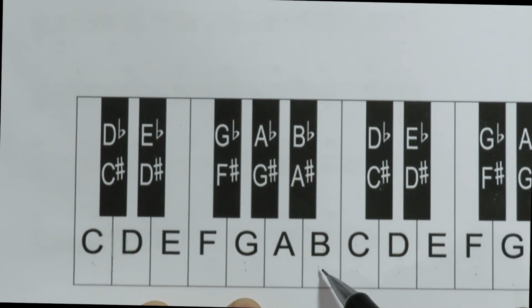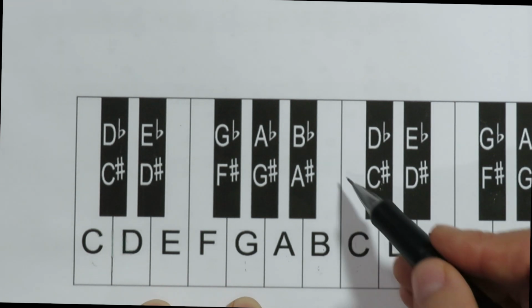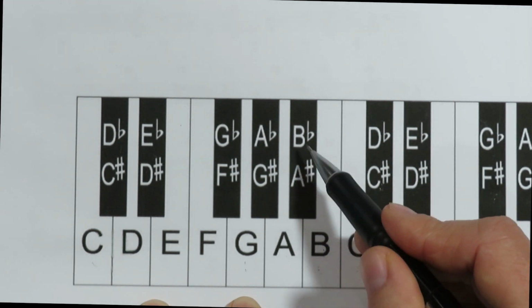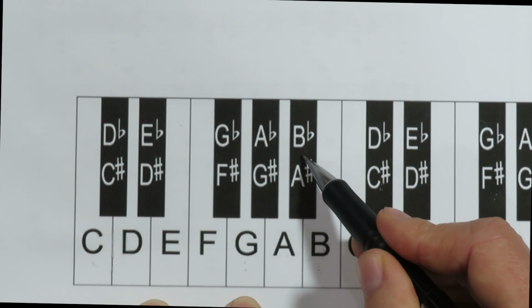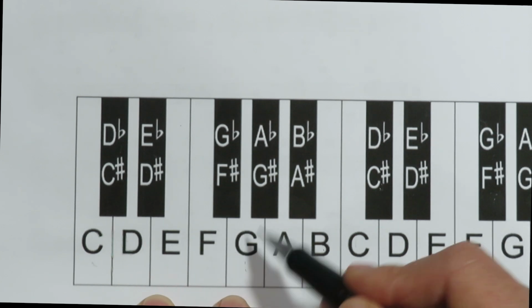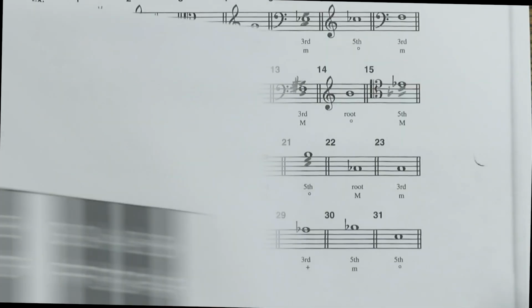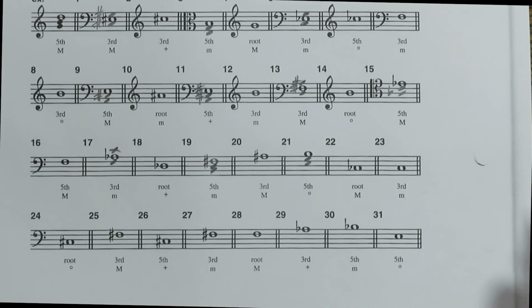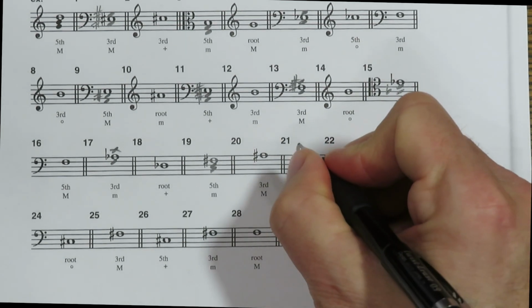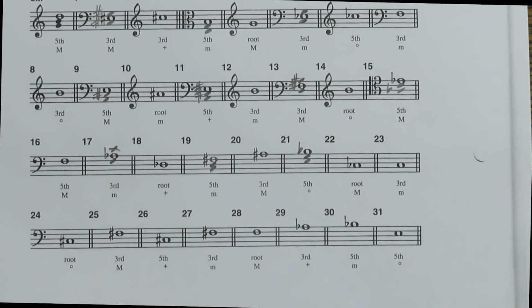G to B is a major third. So we want to lower it a half step to make that a minor third, because diminished triads are built on minor thirds. Minor third to a minor third. Okay, so we'll just put a flat there, and we're good to go.